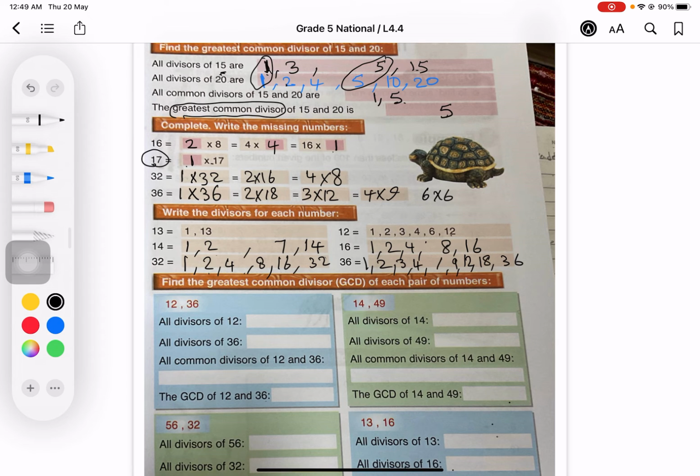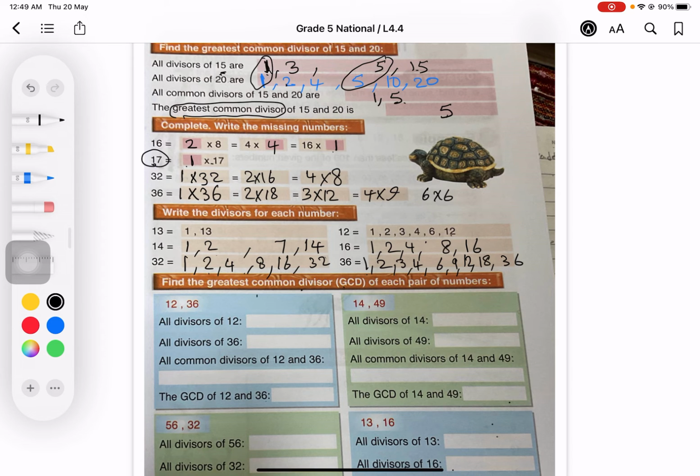But I will write 6 one time. You are not going to repeat 6 two times. It is one divisor. So all these are divisors of 36.